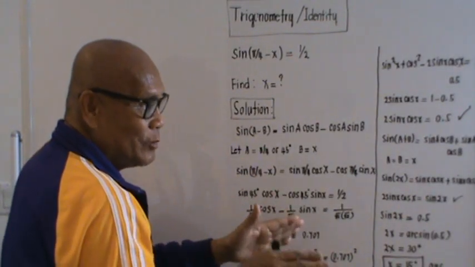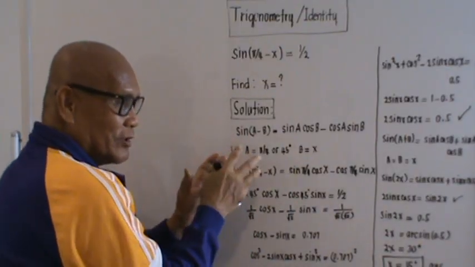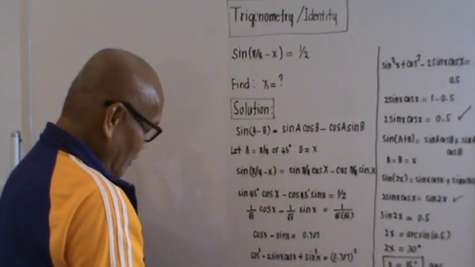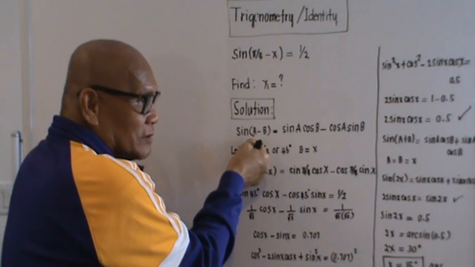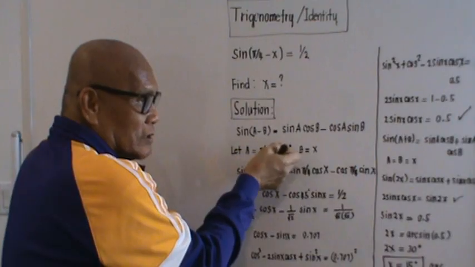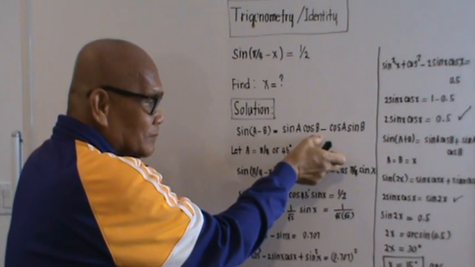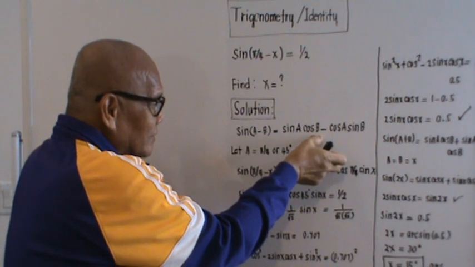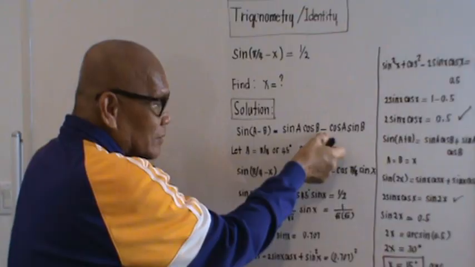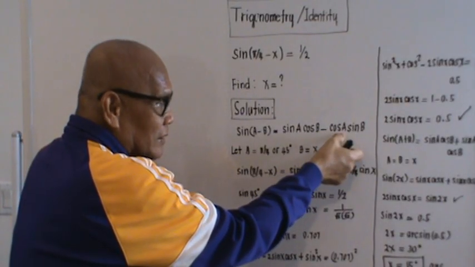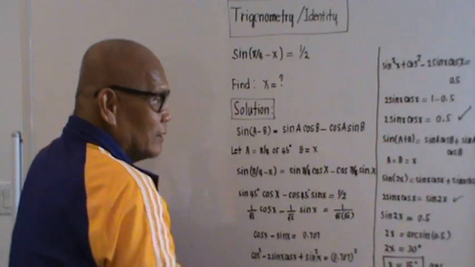We are just recalling the equivalent from the previous study of the concept of identity. That is the sine of a difference of two angles. It should be the sine of the first angle times the cosine of the second angle, minus the cosine of the first angle times the sine of the second angle.